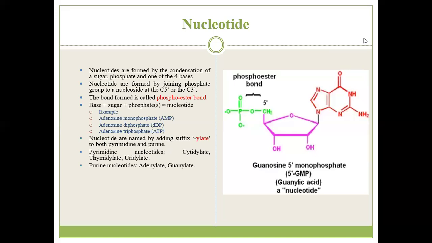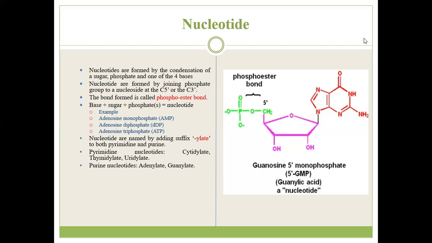So usually in naming a nucleotide, the suffix -ylate is attached. Instead of saying adenosine monophosphate, you can say adenylate. If it is guanosine monophosphate, you can say guanylate.